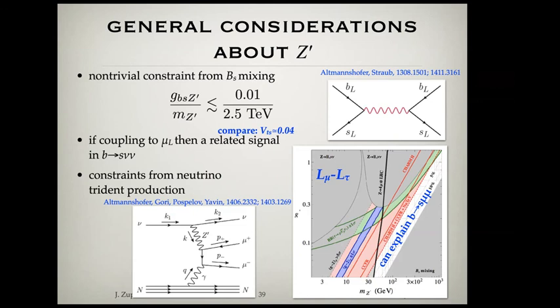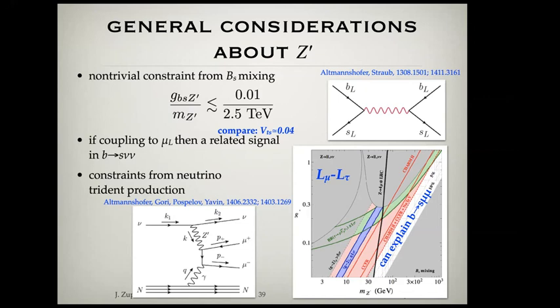I meant to say that the Z prime in flavor physics used for explaining the anomaly is not the Z prime on which ATLAS and CMS set a limit of 4 TeV or something like that, which is a U1 prime Z prime.